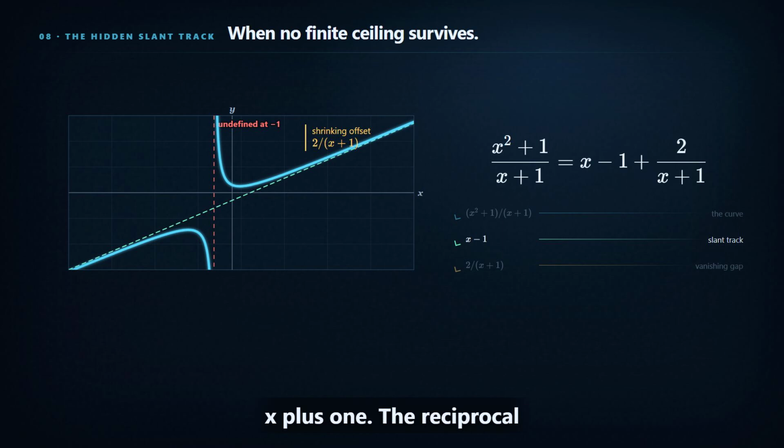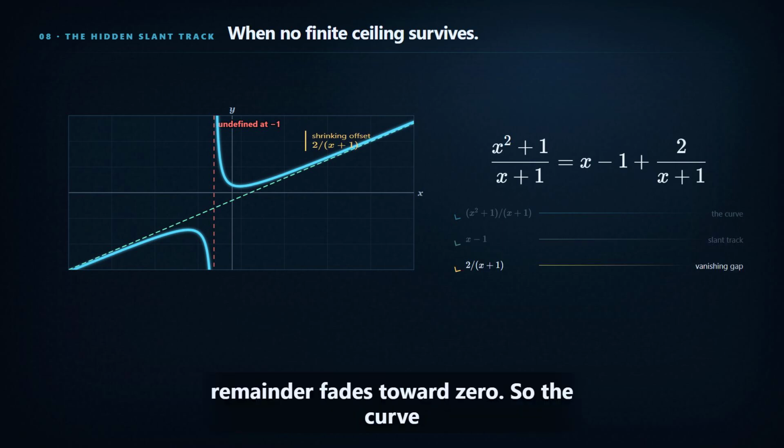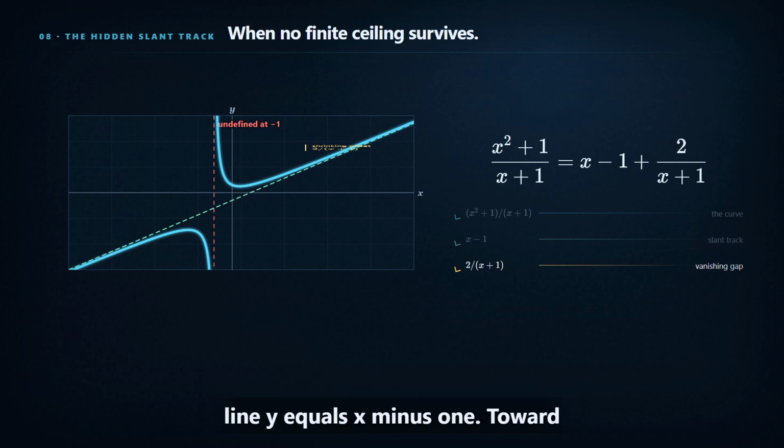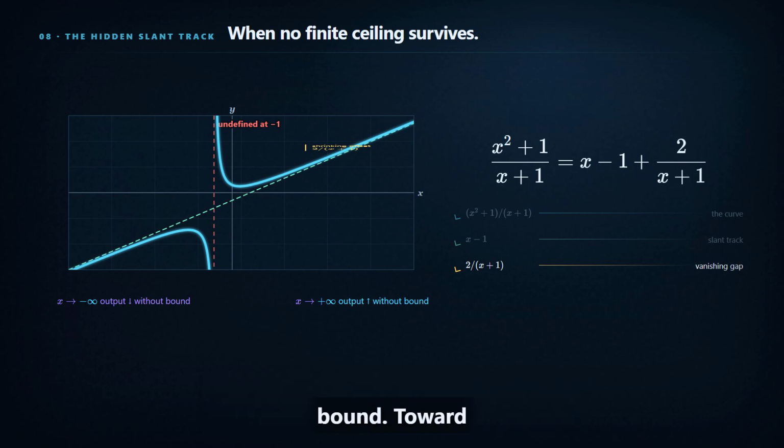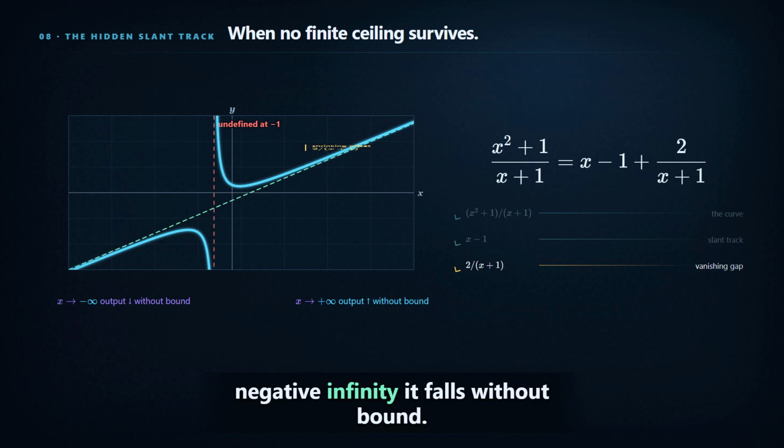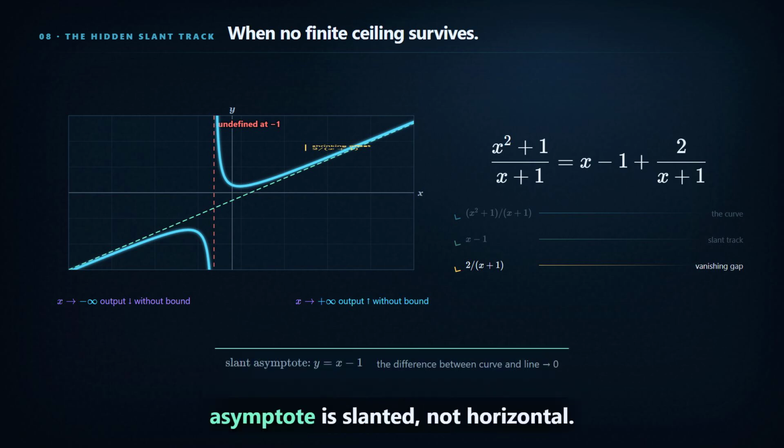The reciprocal remainder fades towards 0. So the curve draws closer and closer to the slanted line y equals x minus 1. Toward positive infinity, the output rises without bound. Toward negative infinity, it falls without bound. The useful asymptote is slanted, not horizontal.